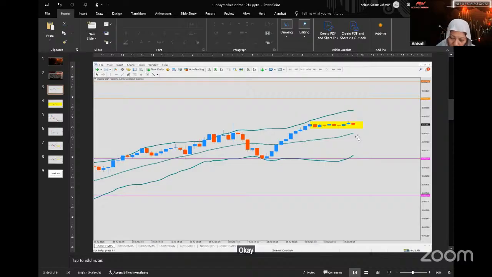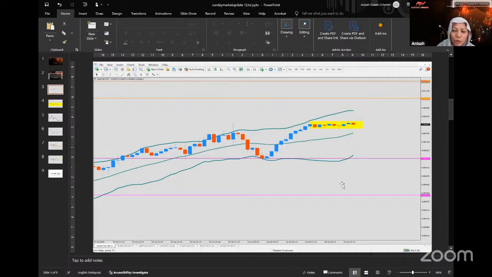Your TP1 is the upper band line, which is at 0.80968. And then TP2 is the first orange line, the previous peak of the M15, that is 0.81063.